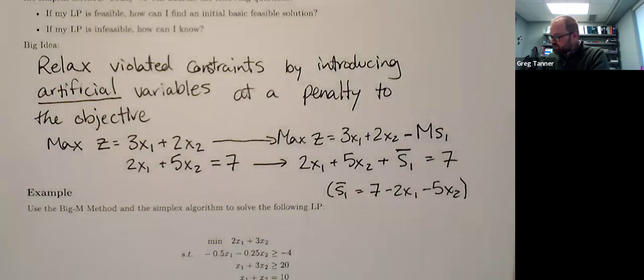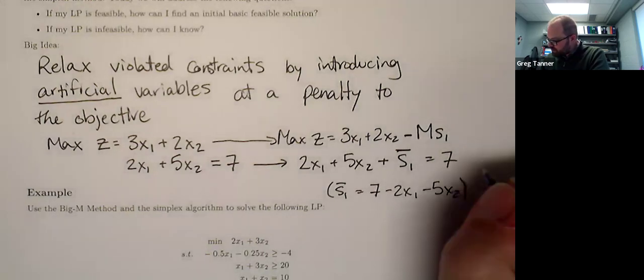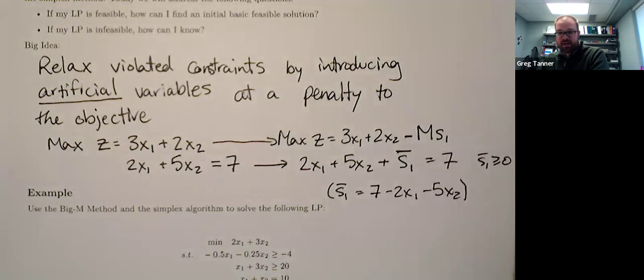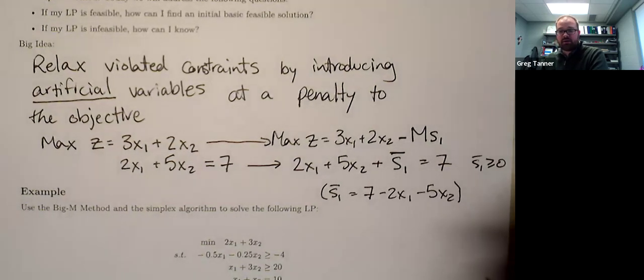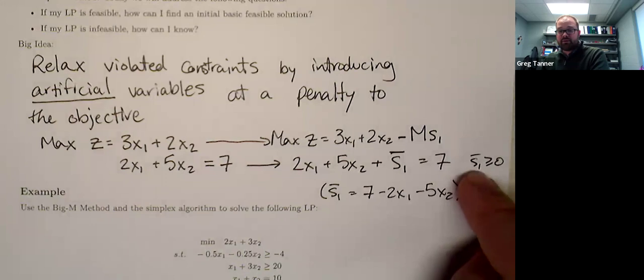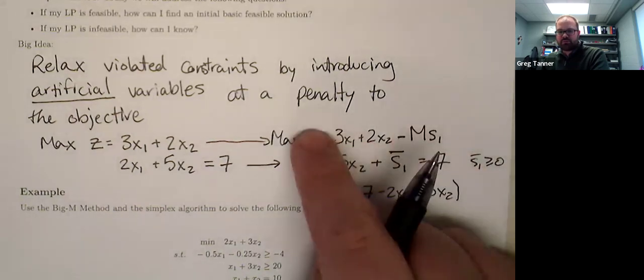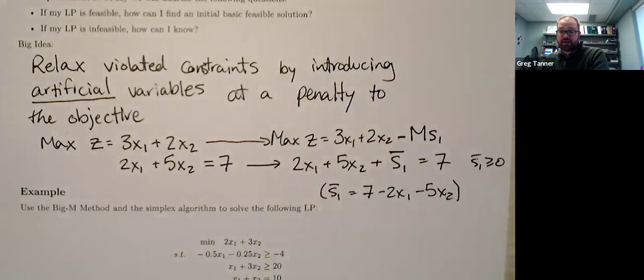It can't go negative because, I guess maybe I should note, S1 bar is going to be greater than or equal to 0. It's going to have a non-negativity constraint as well. But if it's any positive amount, then that's going to put a big negative on our objective and reduce our objective value.